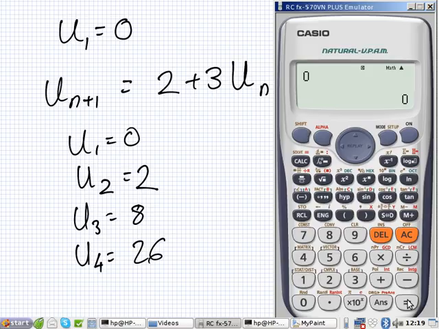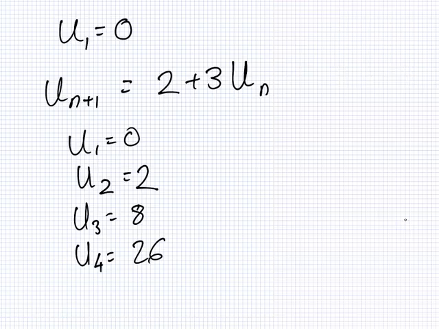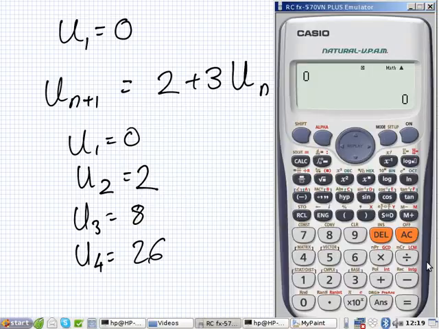The reason you're doing that is you're putting 0 into the answer button. Whenever I press answer, the number I get is 0. So now 0 is saved in this key.